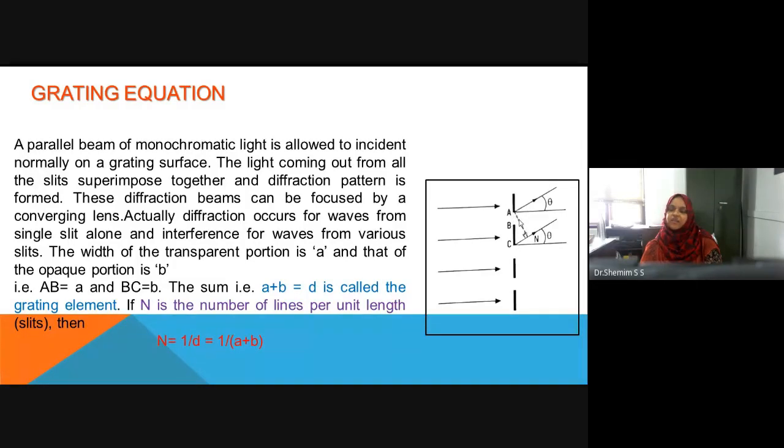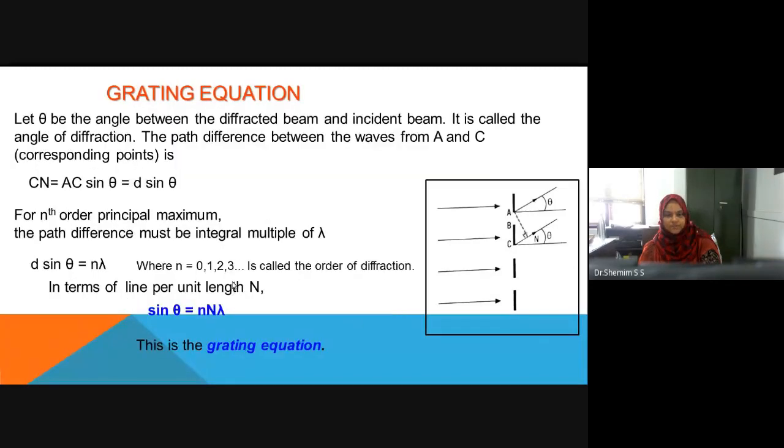Then sine theta will be equal to opposite side by hypotenuse, that is Cn by AC. So Cn is equal to AC sine theta.